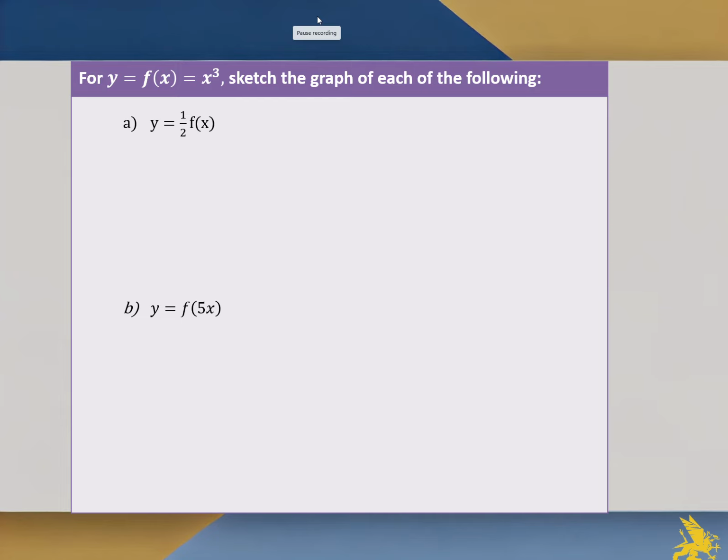So the first part here is we are going to look at y equals f of x is equal to x to the power of 3, and we're going to sketch the graph of each of the following. So we've got y equals half f of x. So straight away, because this number is less than 1, it's going to be a compression. The number is on the outside of f of x, so we're talking about a vertical adjustment. So with the vertical compression, that means whatever my y value was, I'm halving it.